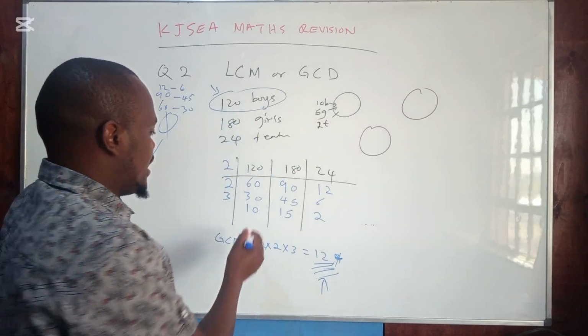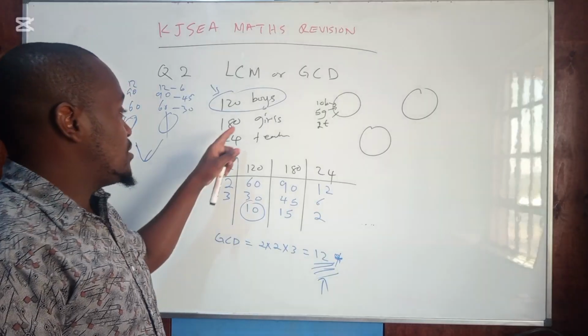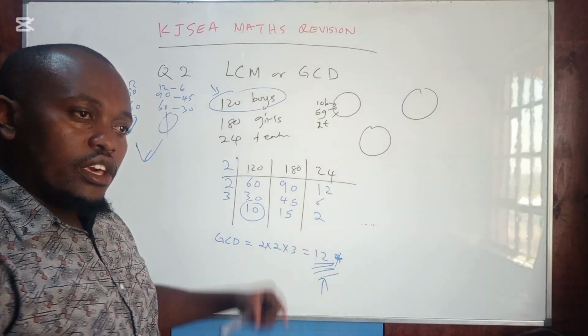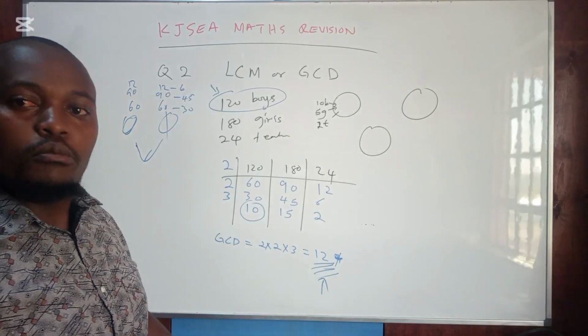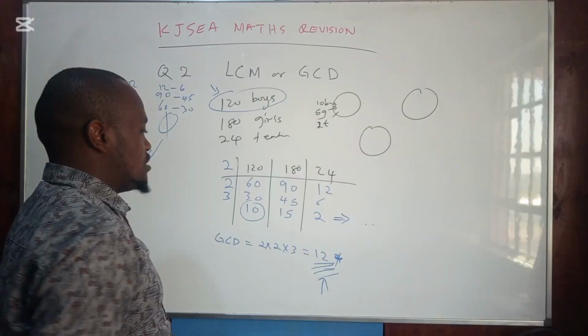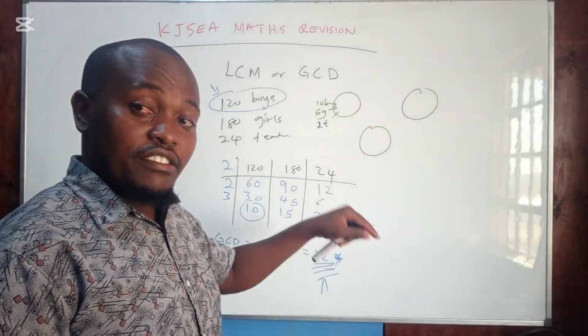And you know what? The answer is here. What about girls? 15. What about teachers? 2. Okay, what is the size of each group? How many people are there? You add this, 25 plus 2. There will be 27. Each group has 27 people.